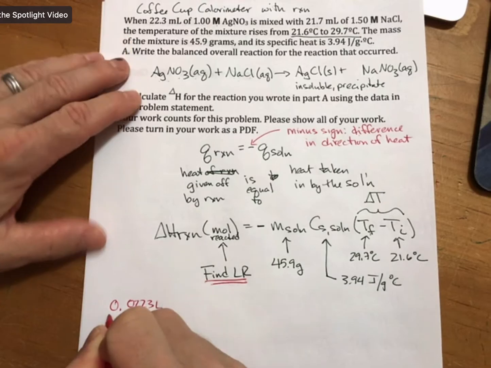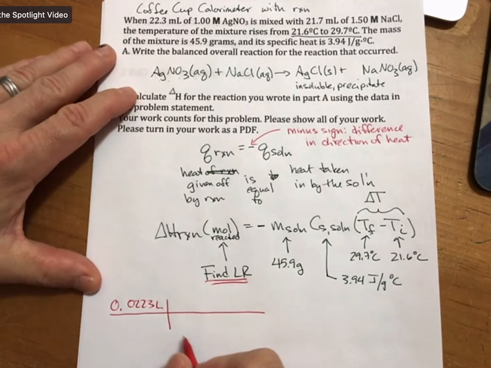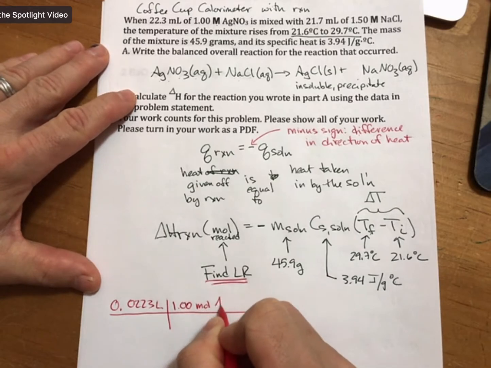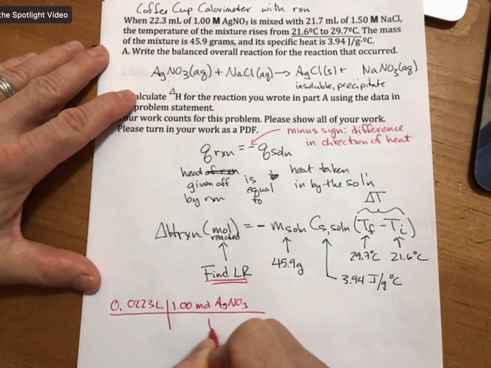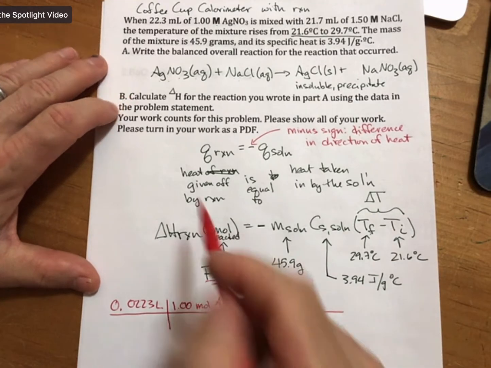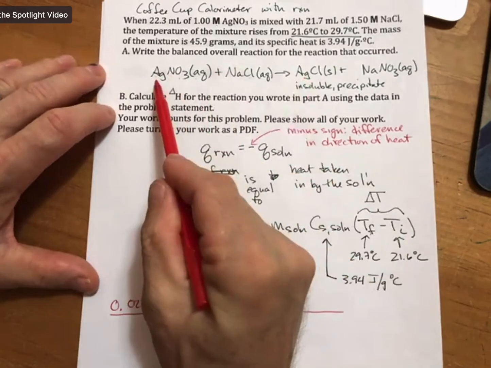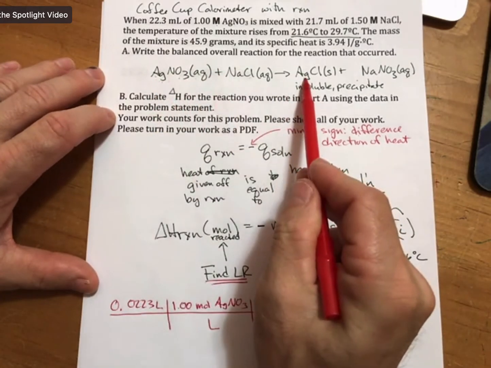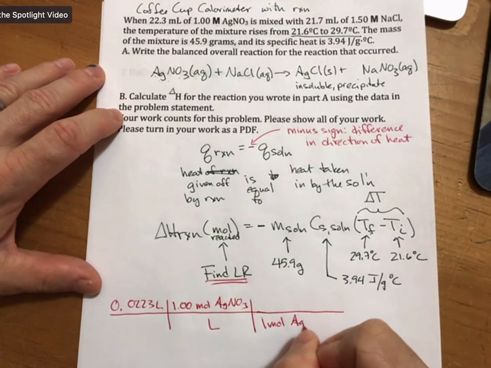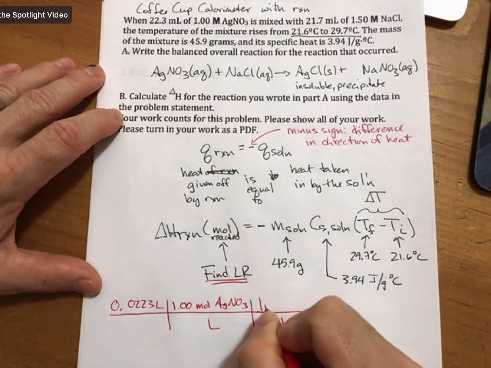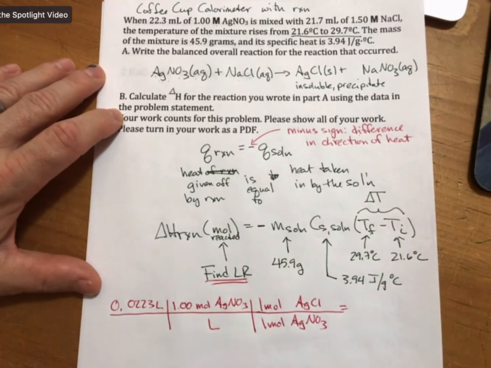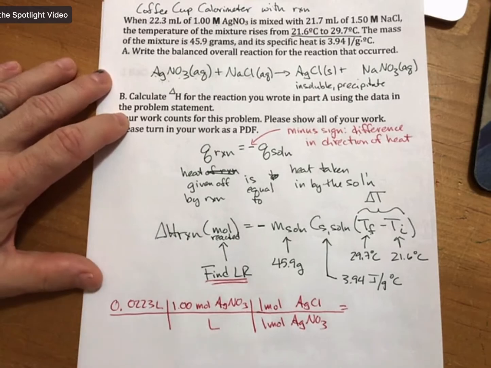0.223 liters. We have 1.00 molarity, which is moles of silver nitrate per liter. Then it's 1:1 for moles of silver nitrate and moles of silver chloride. And we'll find our moles of silver chloride.